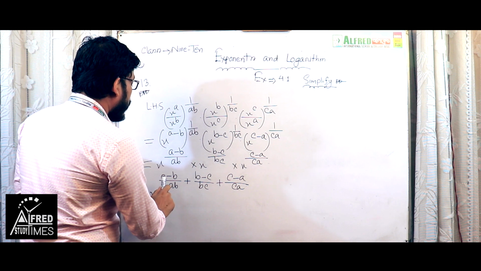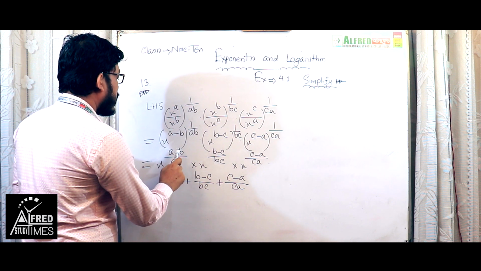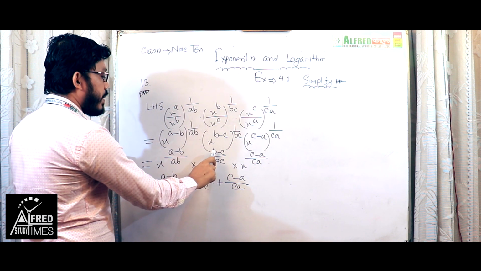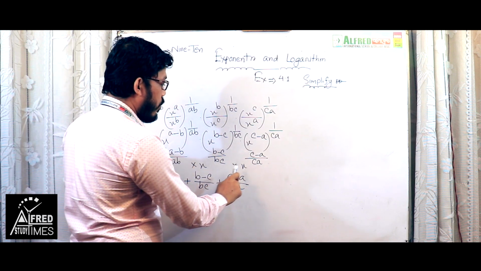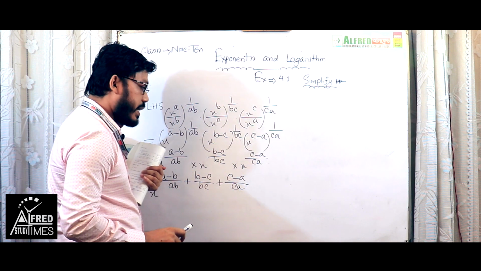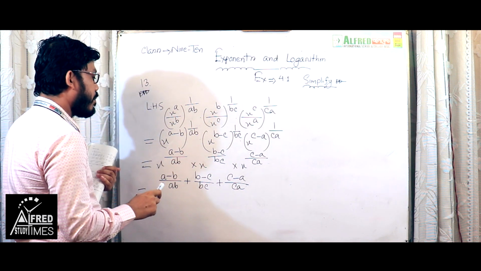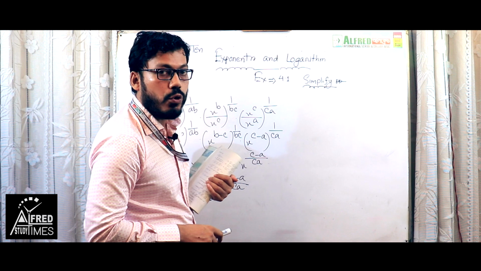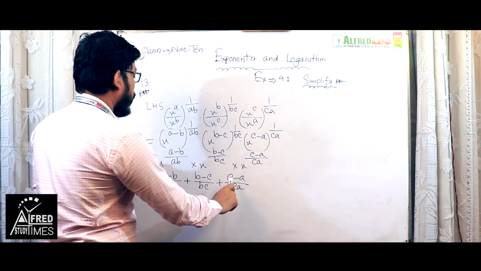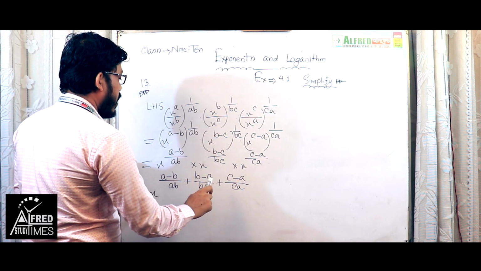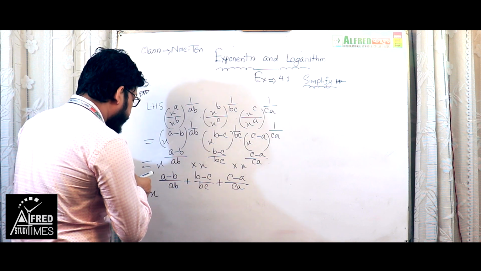So we can add the power a minus b divided ab and b minus c divided bc and also c minus a by ca, which are power of different same base. For having multiply sign, according to the rule of exponent, we can add all the fractions as power of three same bases.